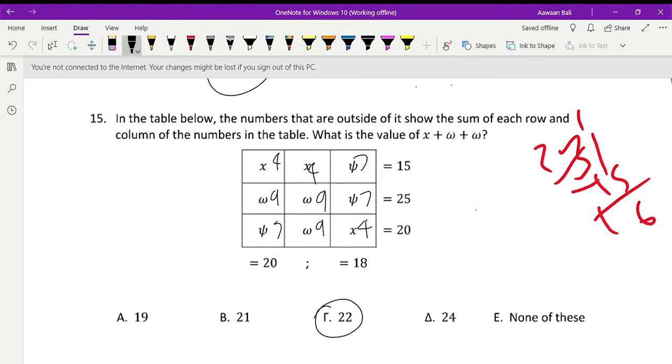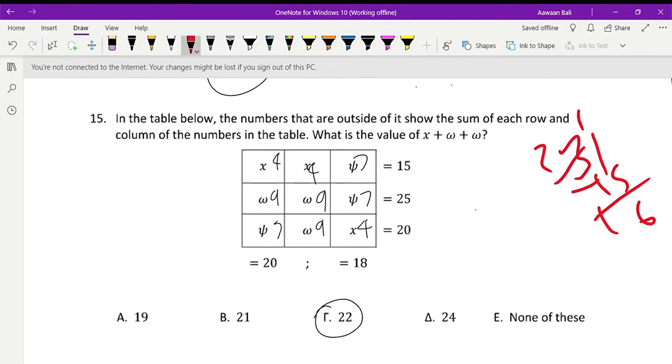And also, since none of them are lined up, if we had x, x, x all lined up, and it said 15, we could just do 15 divided by 3 is 5. But here there are no cases like that, so that means we have to do pure trial and error.